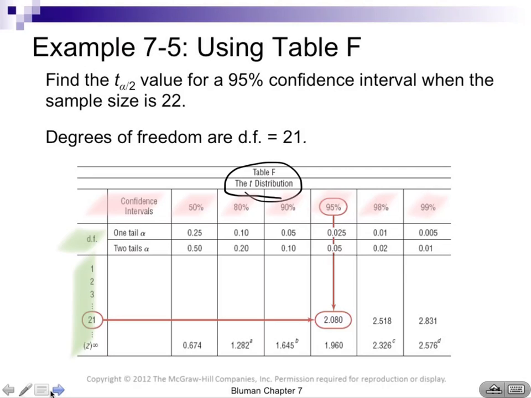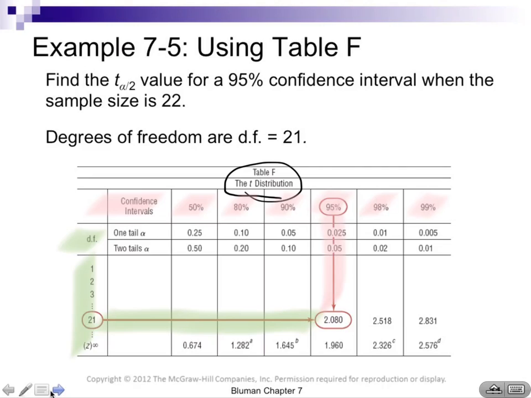So what we're looking up on this page is, we had a sample size of 22 because the degrees of freedom are 21, and we want a 95% confidence interval. We read from the left over here, there's your degrees of freedom, and then we read down the confidence interval column till we find the t of alpha over 2.